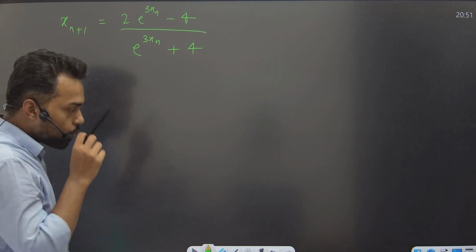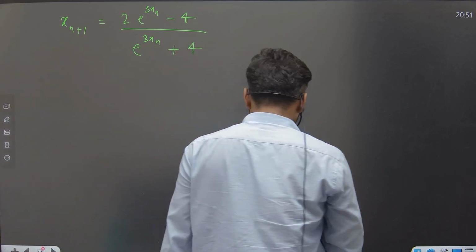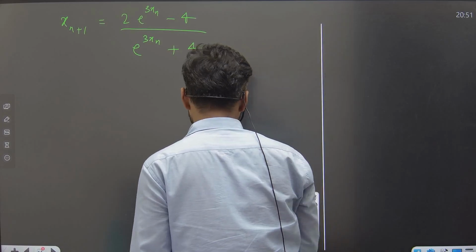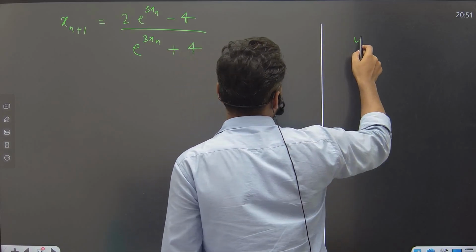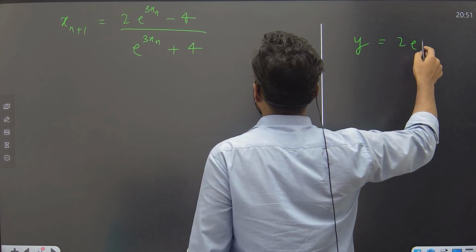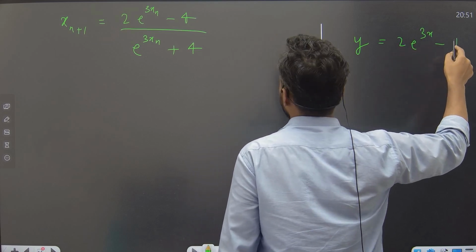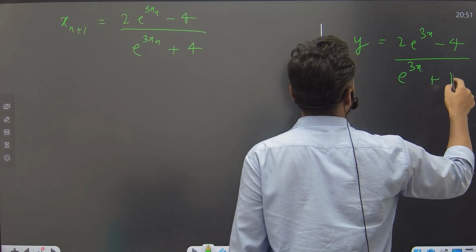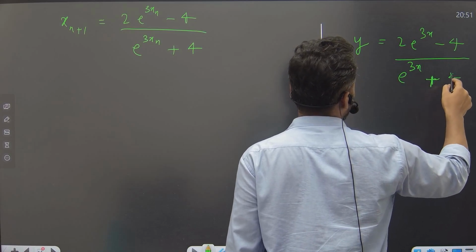Even in the question, they have mentioned that y is equal to 2e^(3x) minus 4 upon e^(3x) plus 4. This is the y the student is taking.